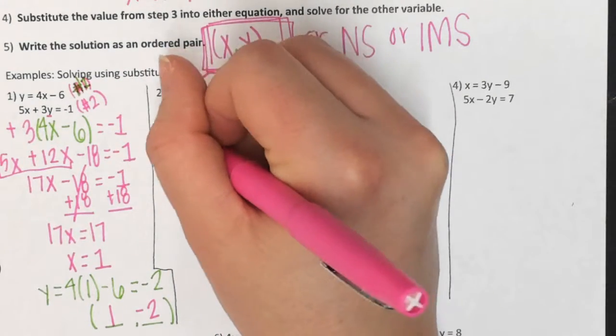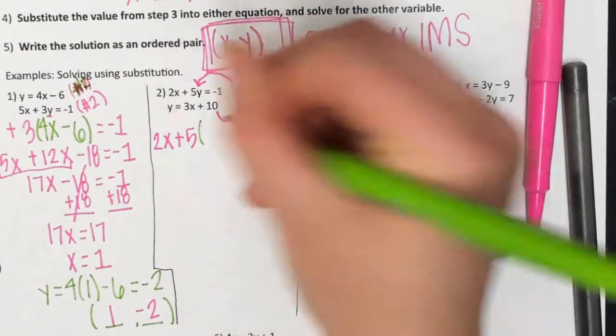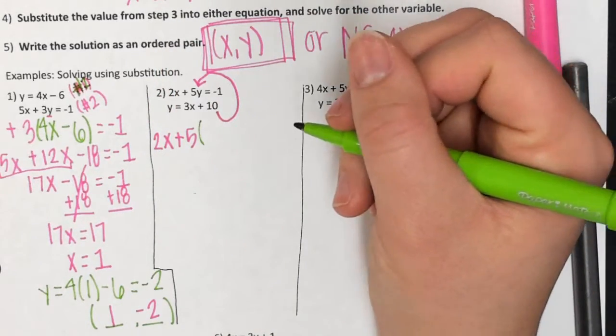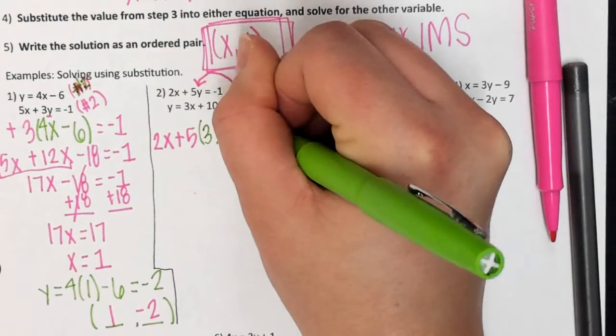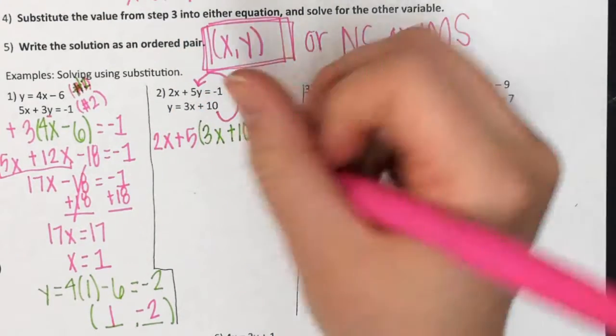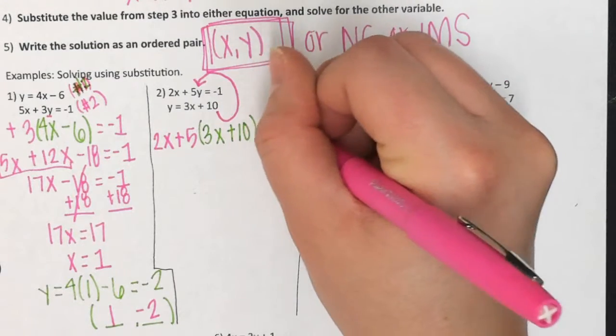2x plus 5. Stop. Good, Caitlin. I'm changing colors so you know that I'm plugging something in. 3x plus 10. Can't forget the last part, equals -1.